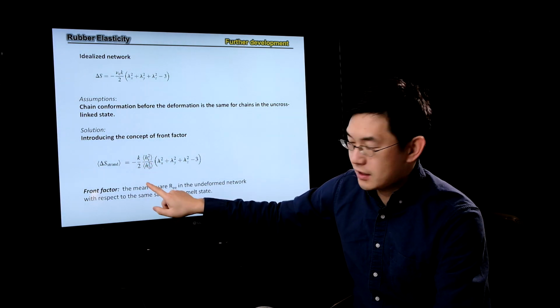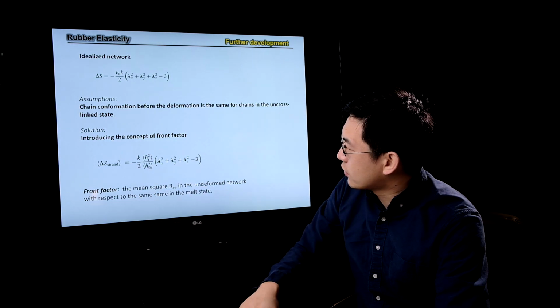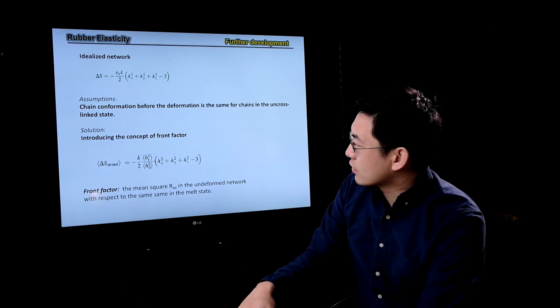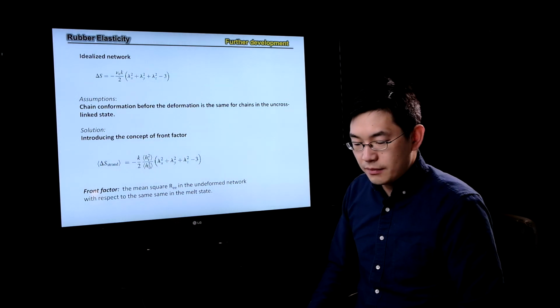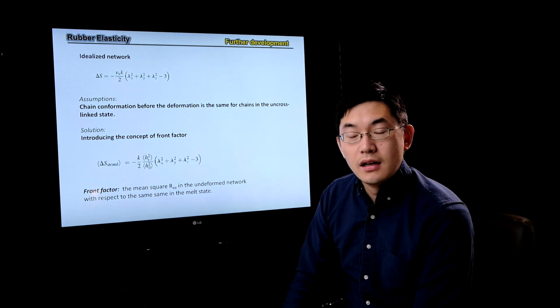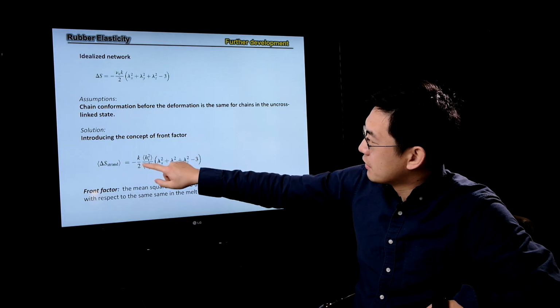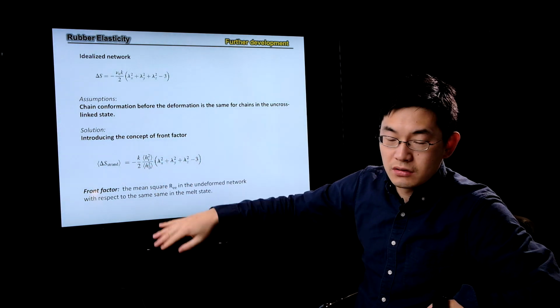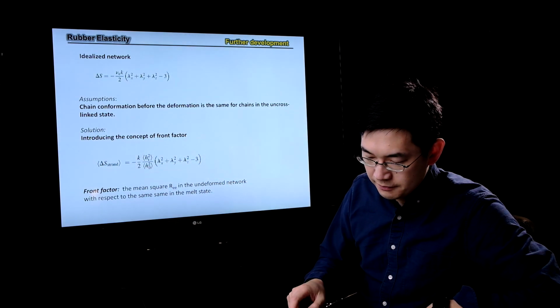Hi is after crosslinking, h0 is before crosslinking. So this accounts for the slight difference in the end-to-end distance. As you can see, this does not affect the overall shape, but it will modify the initial shape of the original stress-strain curve.